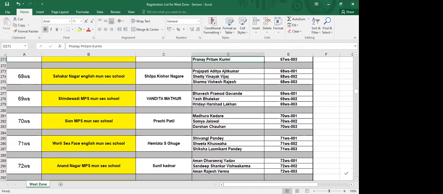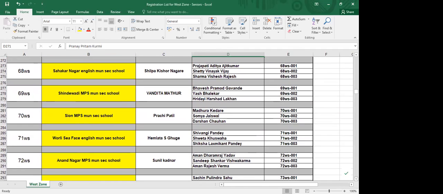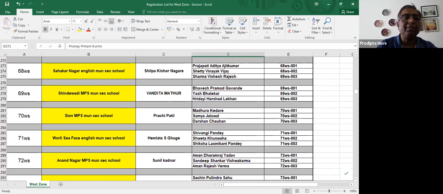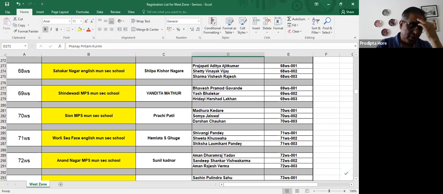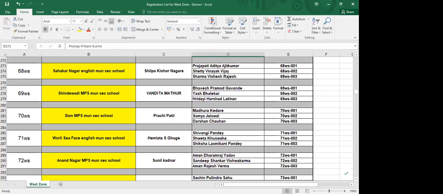Pradipta sir, do you want to email the same to the teachers also so that they can help them? Yes, just send it to me, I will tell them. I have shared it with you, sir. It's from team number 57 onwards. I have emailed it to you, sir. Okay.